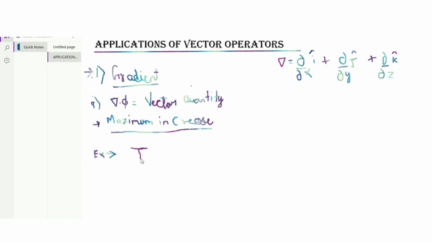So what the del operator will do in this case is that taking the gradient of the temperature will tell us the maximum increase of the temperature at a particular coordinate point. This is what the gradient does.